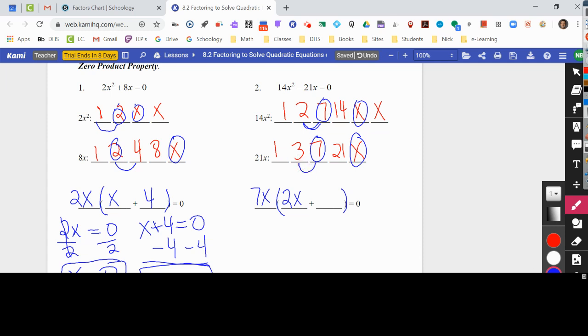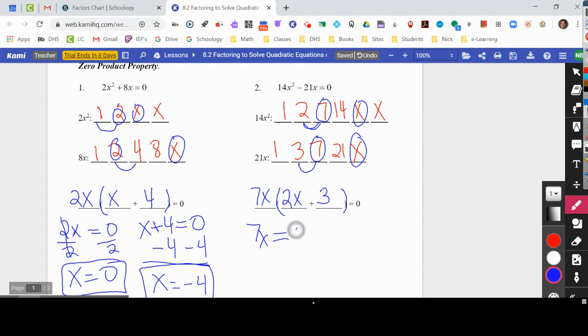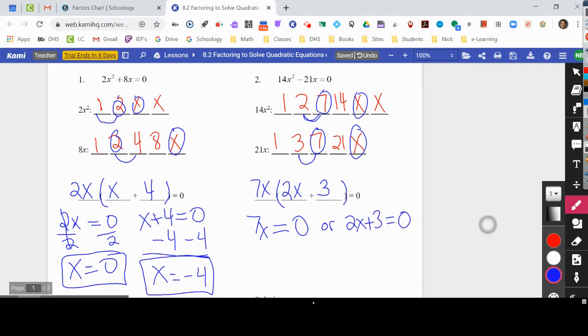And now the 7 and 3 are partners, so this 3 goes back in here, and I don't have any x's, so just a 3. All right, now I factored it, but I still have to solve, because I have to use the zero product property. So I can say that 7x is equal to 0, or 2x plus 3 is equal to 0.